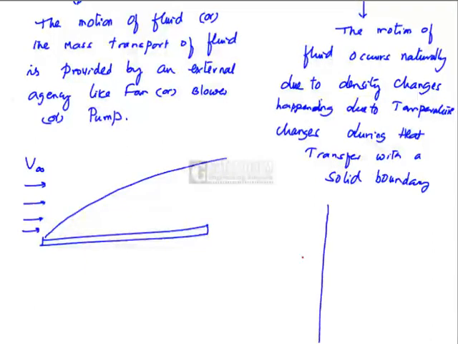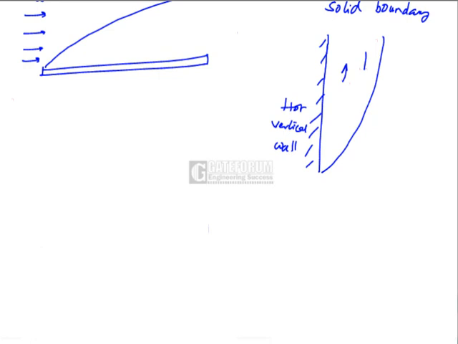Like if this is a vertical wall, a hot vertical wall, the motion of the fluid will be like this. The displacement of the fluid happens due to density variations of the fluid.